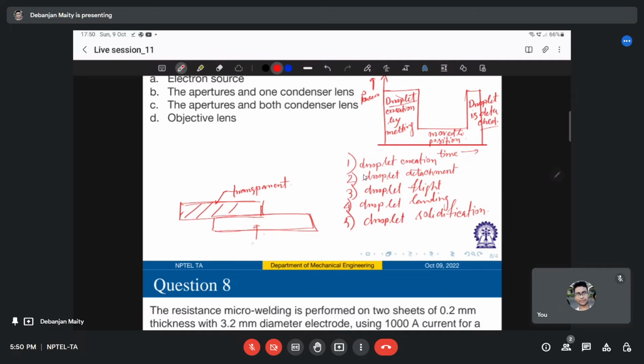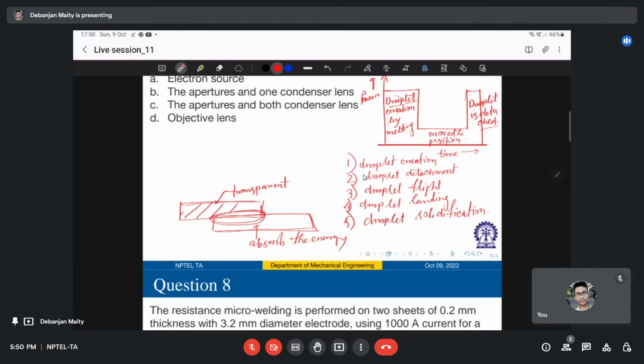So this part should not transmit again. This should absorb the energy so that it can create the heat over there and it can form the bond.